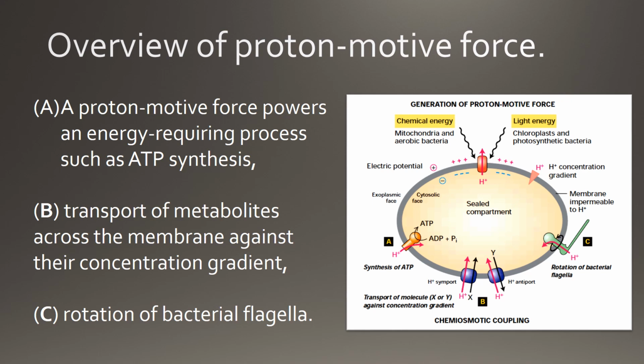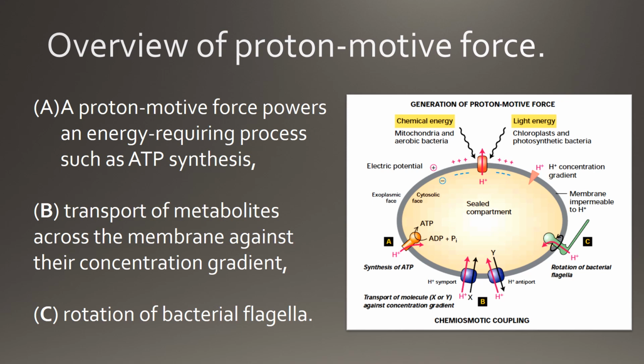This picture depicts an overview of the generation and utilization of proton motive force. A transmembrane proton concentration gradient and a voltage gradient, collectively called the proton motive force, are generated during photosynthesis and aerobic oxidation of carbon compounds in mitochondria and aerobic bacteria.